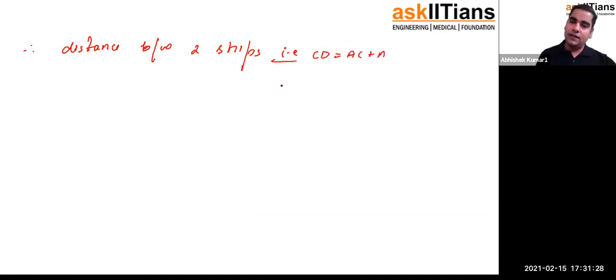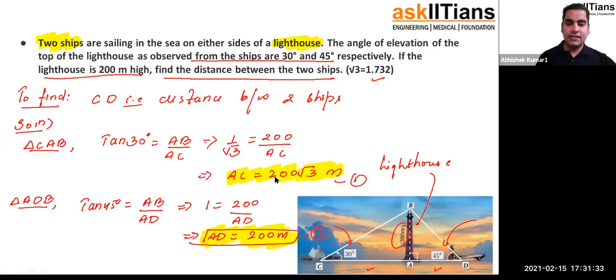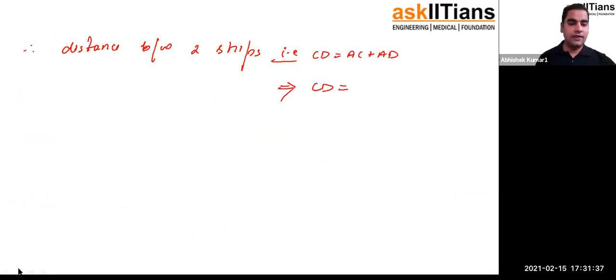What's the value we will get? AC, as you can see here, is 200 root 3, and the other value is 200. So I'm going to put the values: CD is 200 root 3 plus 200 meter.